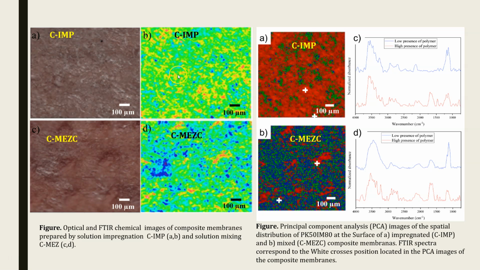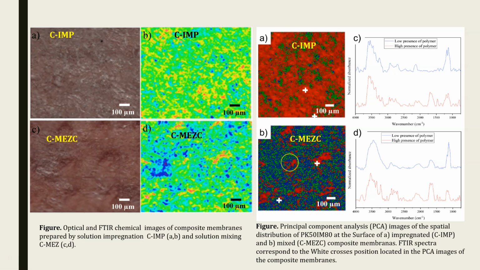To demonstrate this, principal component analysis, or PCA, was made for these samples. In this case, for CMP, it was possible to observe a large presence of red pixels, indicating a more homogeneous distribution of pK15 on the surface, unlike CMS, where there is more presence of blue pixels.